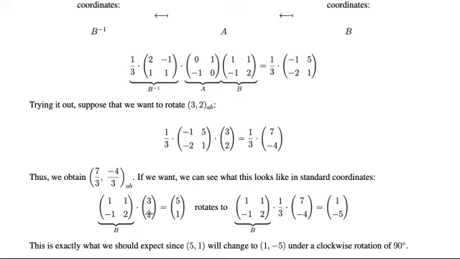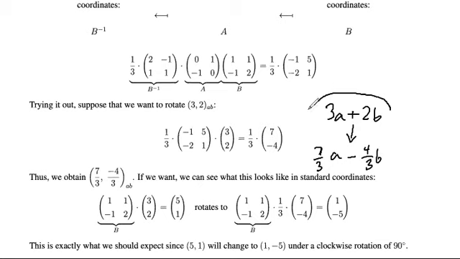But in pretend land, this is what we've just figured out. We have figured out that 3A plus 2B has changed into, let's see, it looks like 7/3 A, and then minus 4/3 B. So rotation by 90 degrees clockwise produces this effect on A's and B's, where A is a vector, B is a vector, and they're adding in a linear combination.